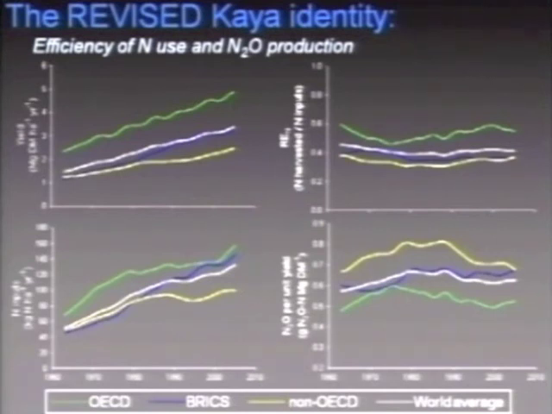But what these data are showing us is that yield is growing in tandem with inputs, and efficiency is rather flat. So as nitrogen inputs are growing, we are able to harvest more nitrogen. And the proportion that we harvest hasn't changed very much over time.